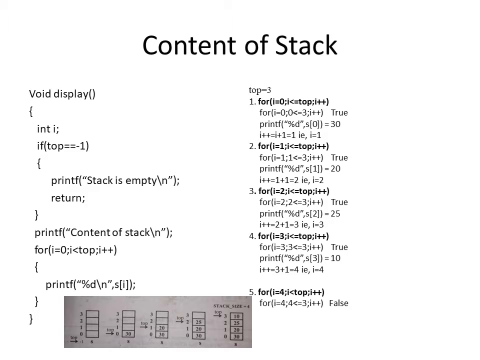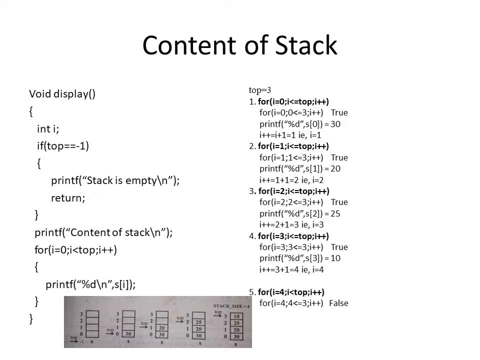Example. Now I am writing a function, void display, with int I. In the algorithm I have shown that I is a variable that I am initializing to 0. If top equals -1, as you can see in this diagram the topmost element is -1, it prints that the stack is empty because there are no elements in the stack.